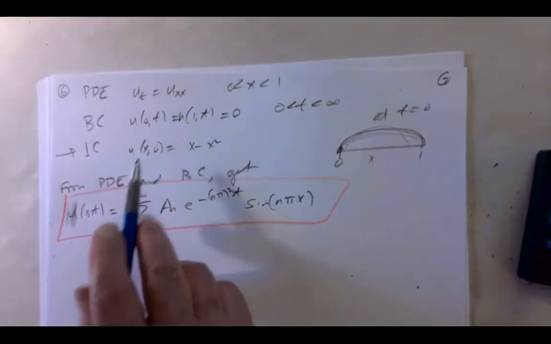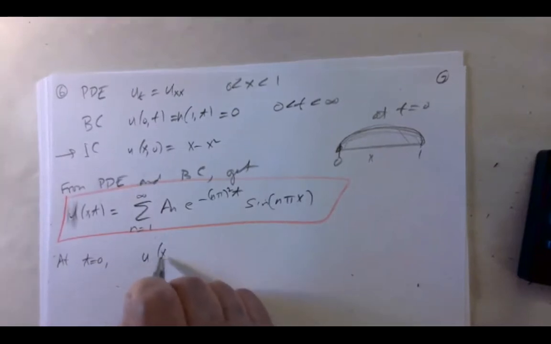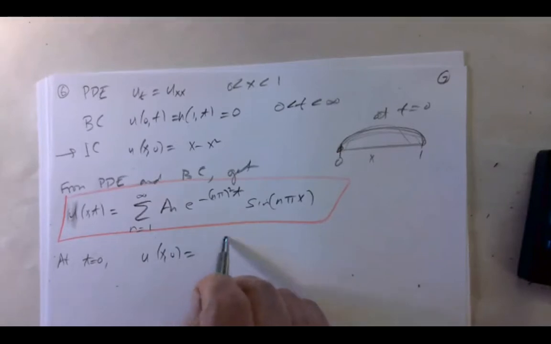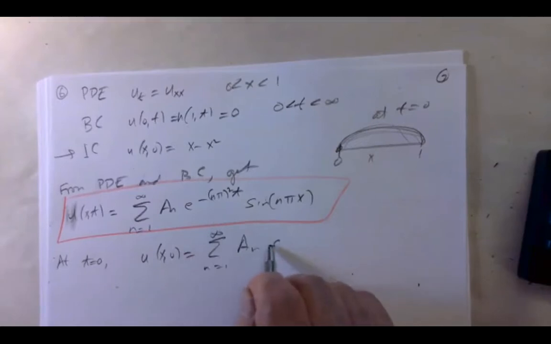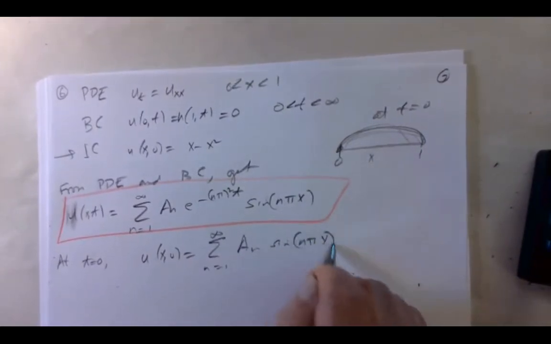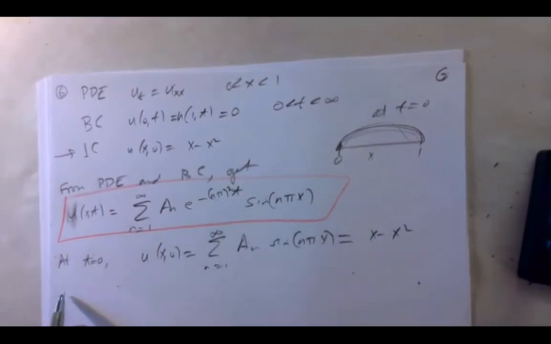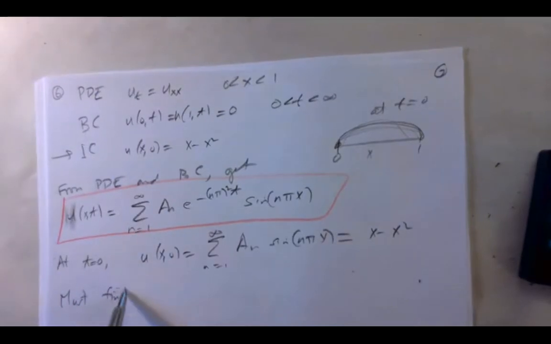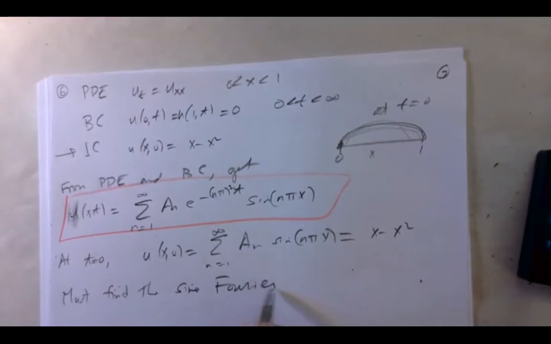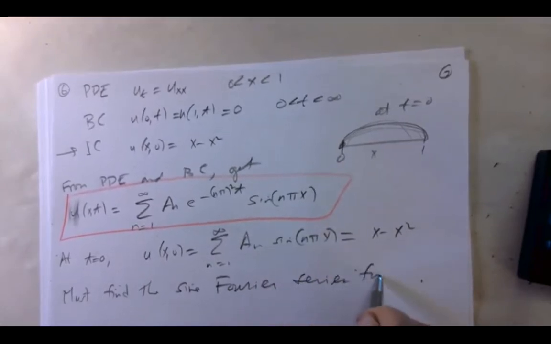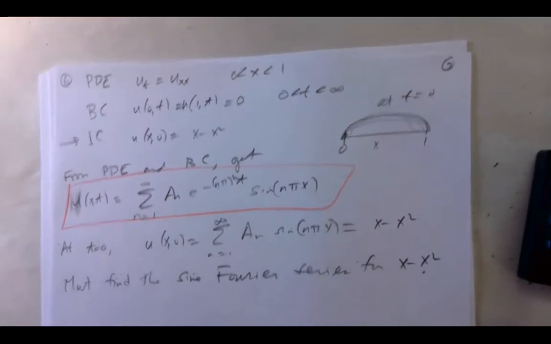So if we look at the initial condition at t equals 0, u of x, 0 is the summation n goes from 1 to infinity, a sub n, this is 0, sine of n pi x, is equal to what? It's equal to x minus x squared. So we must find the sine Fourier series for x minus x squared. Right?